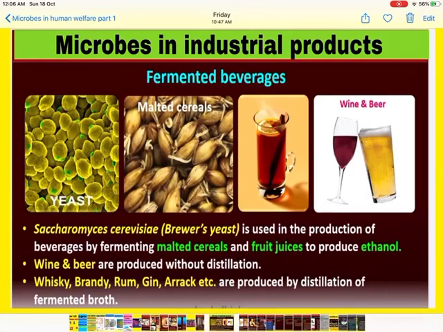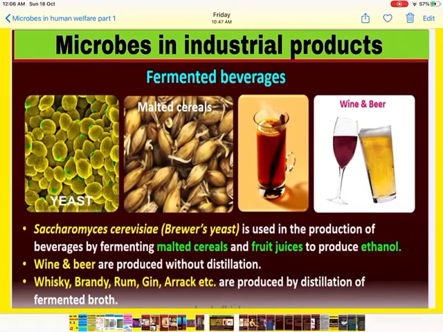Okay, wine and beer are produced without distillation of fermented broth, but whiskey, brandy, rum, gin, arrack are produced by distillation of fermented broth. What is distillation? It is the process in which evaporation and condensation go side by side.